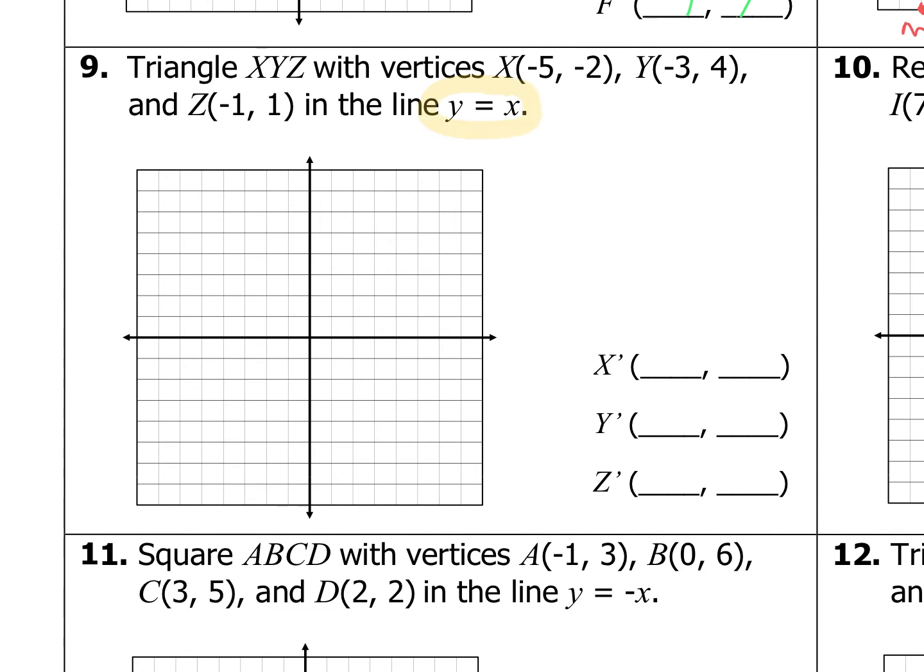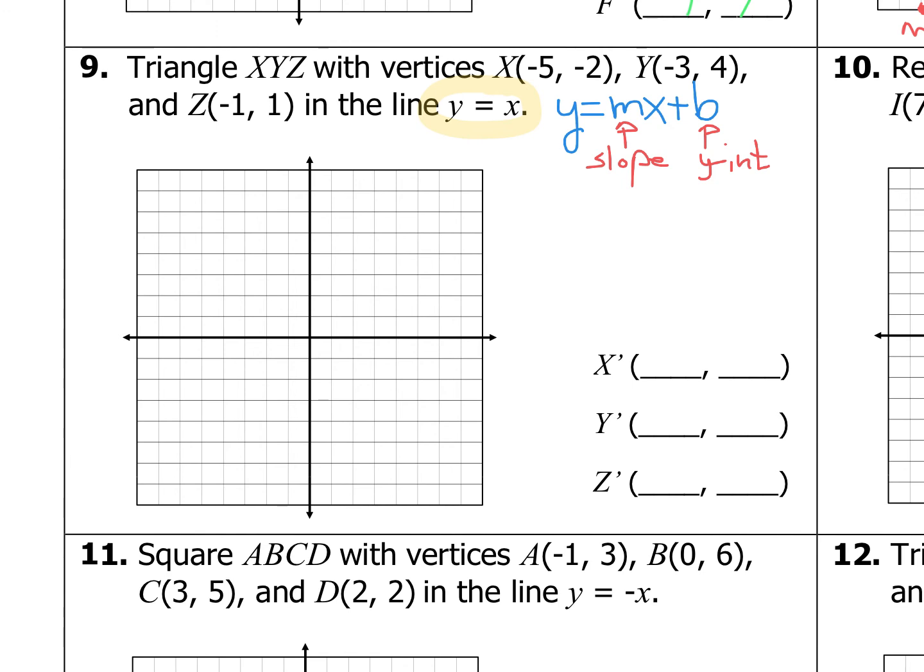So there's a reason why we went over graphing lines in the form of y equals mx plus b before this unit. So if you recall, m is your slope and b is your y-intercept.